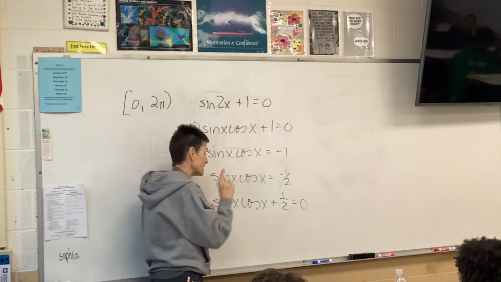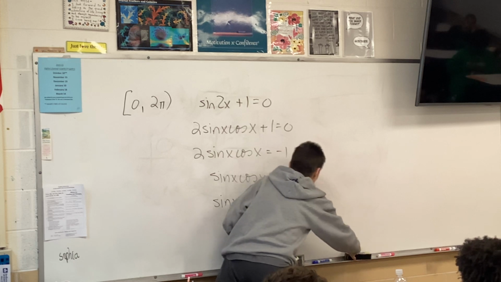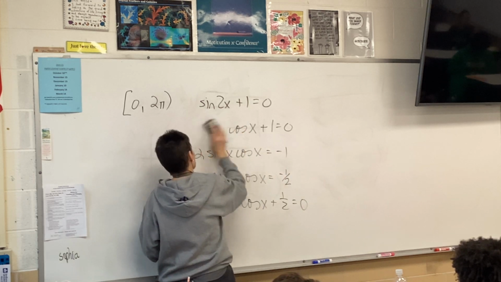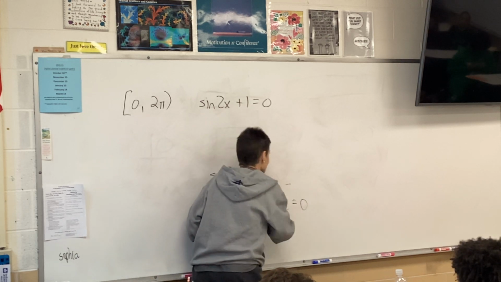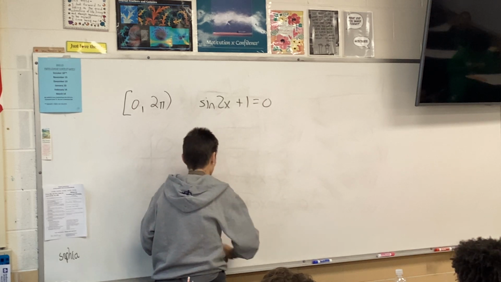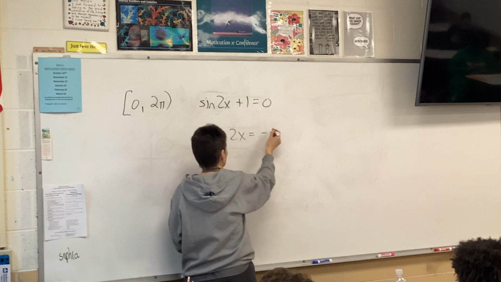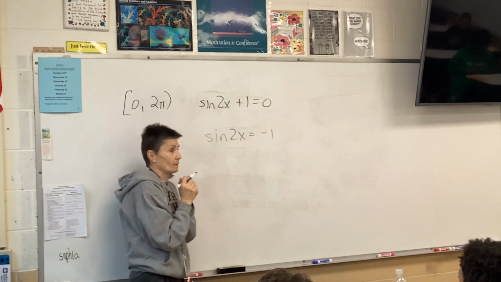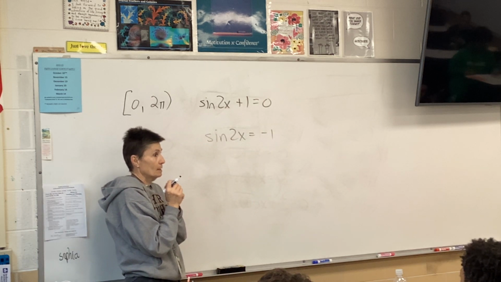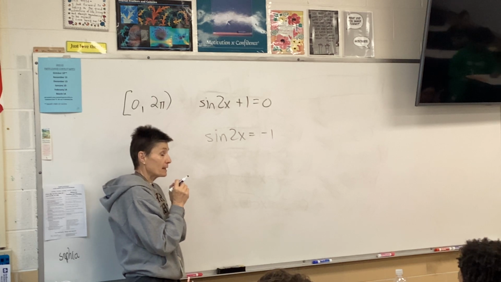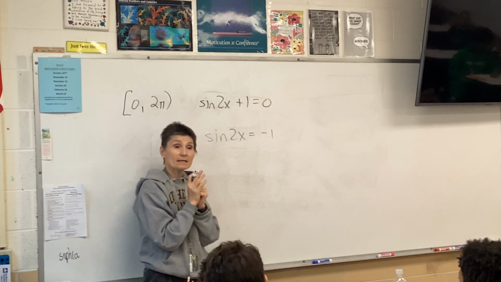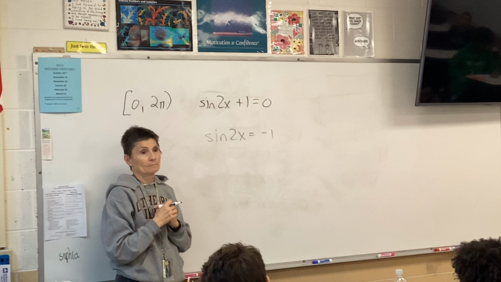Okay? So here's what I want to challenge you with. What if we went back to the very beginning and said sine 2x equals negative 1? Now, can the sine equal negative 1? Yeah.